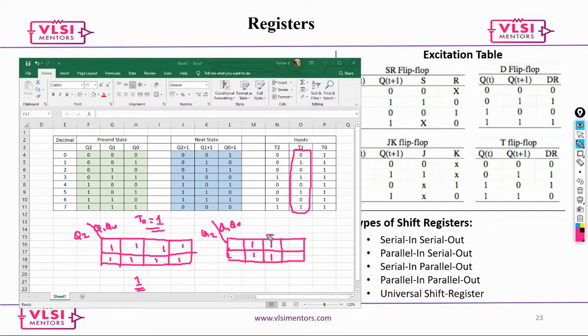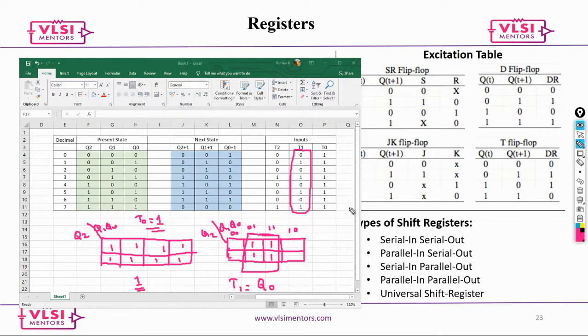Now what does this mean? This Q2 is not going to be there, and so 0 0 0 1 1 and 1 0. So now what is it going to be here? Q0. So T1 is equal to Q0.